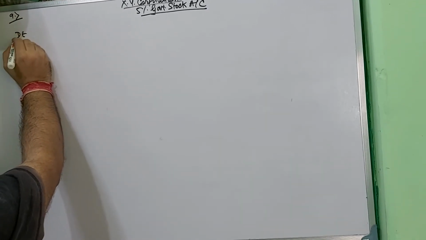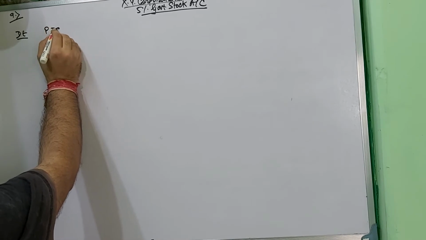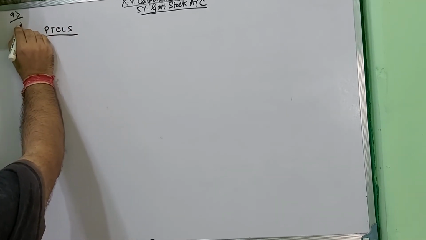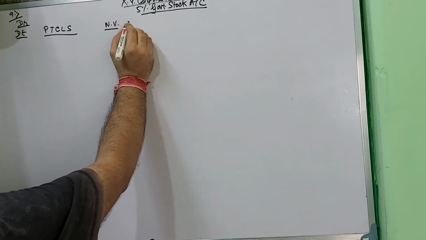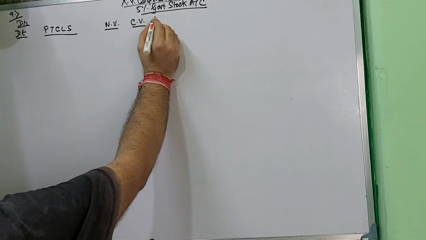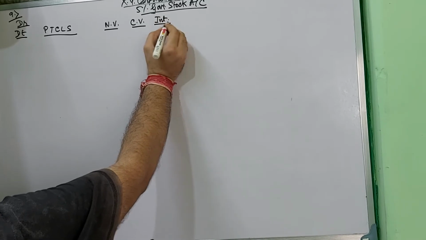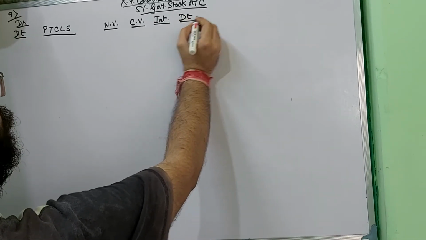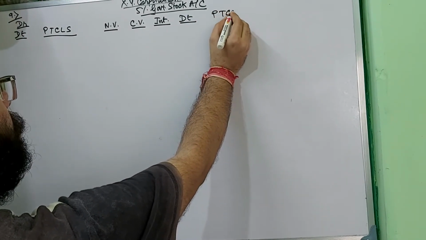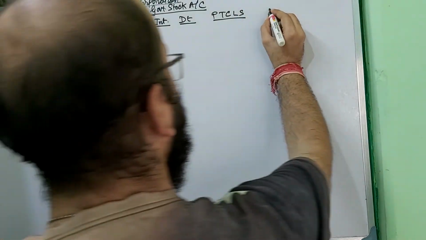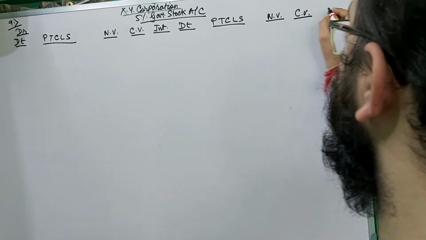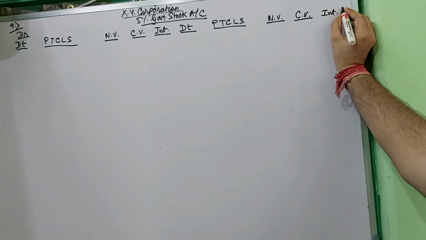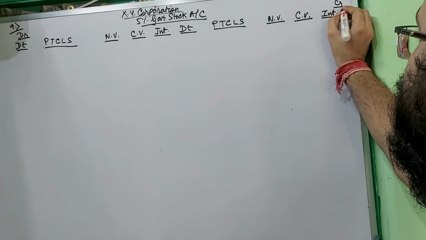Date, particulars, debit: nominal value, capital value, interest. Date, particulars, credit: nominal value, capital value, interest. This is spread.